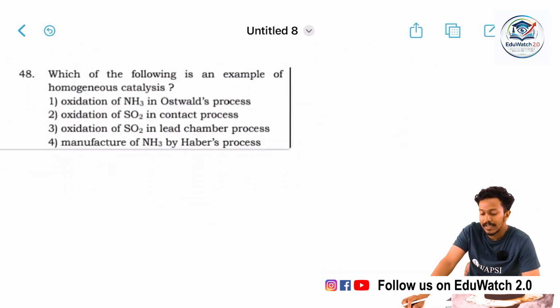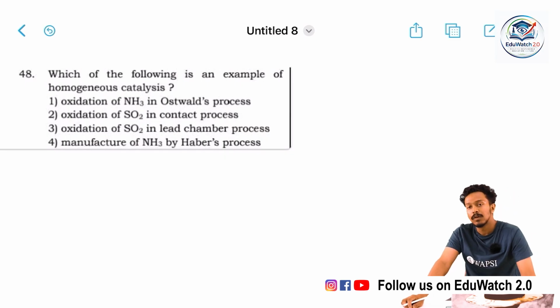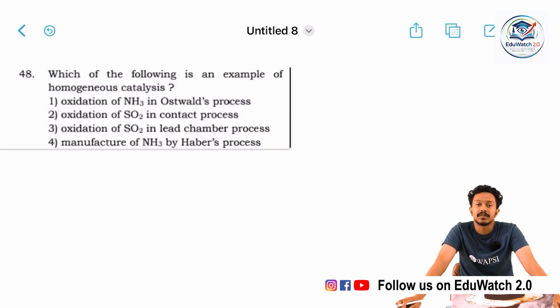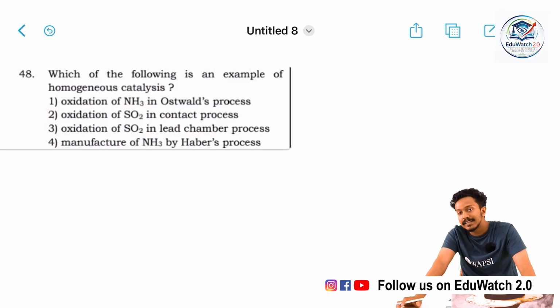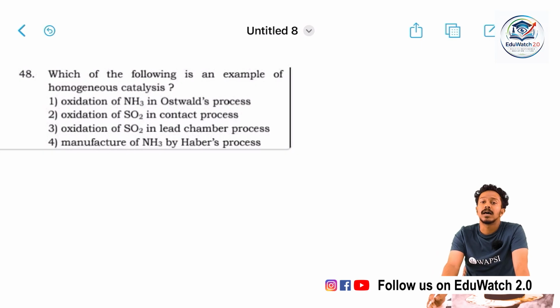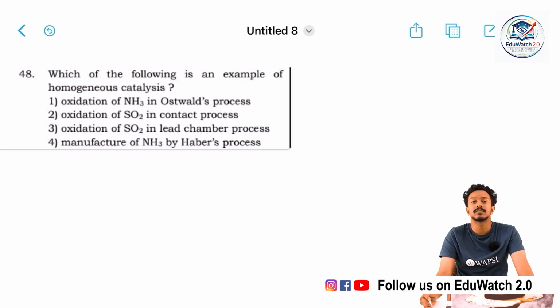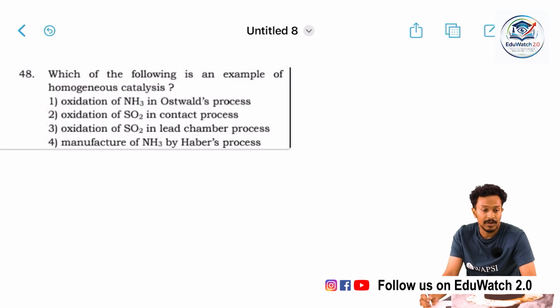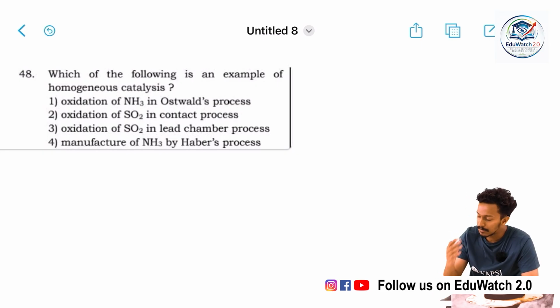Which of the following is an example of homogeneous catalysis? What do we mean by homogeneous and heterogeneous catalysis? In homogeneous catalysis, both the reactant and the catalyst are in the same phase, and in heterogeneous catalysis, the reactant and the catalyst are in different phases. That is the simple difference. We will be discussing the remaining reactions.